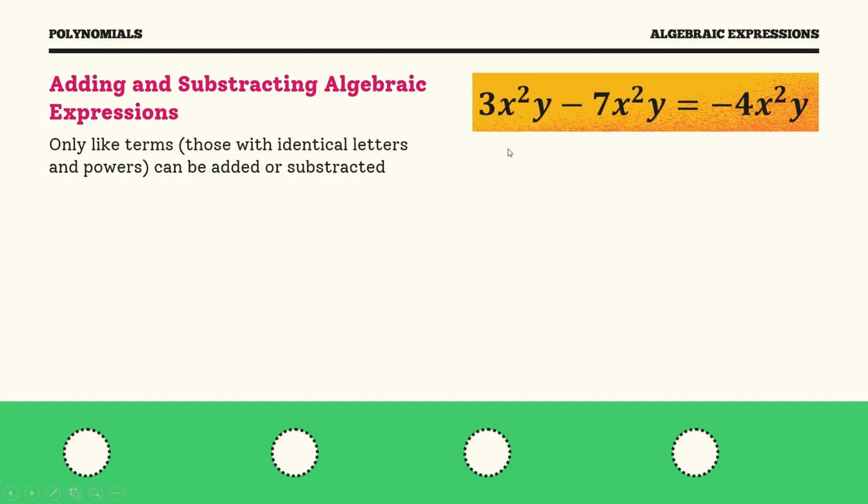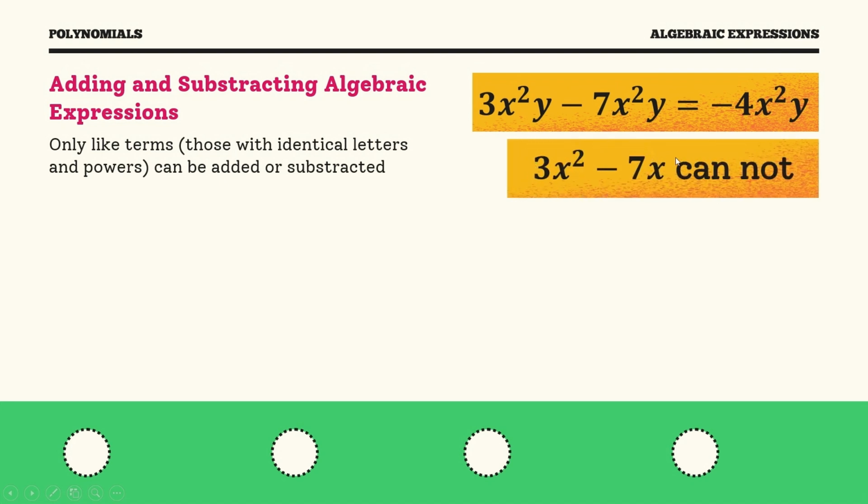Also, they've got identical powers, that is 2 for the x and 1 for the y. So we can subtract them. And we've got 3 minus 7 is minus 4. So we've got minus 4x squared y.